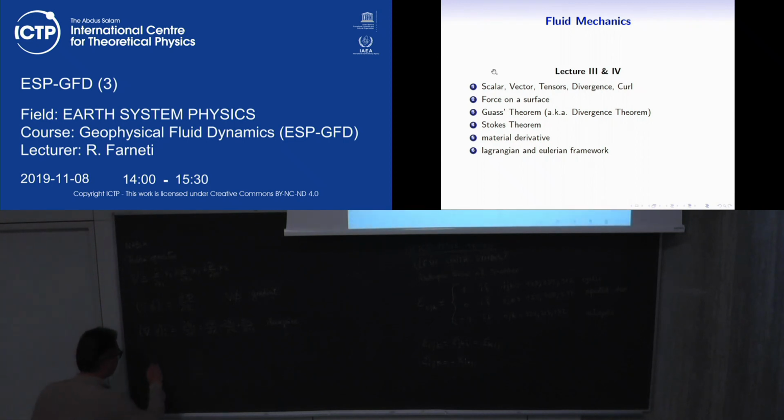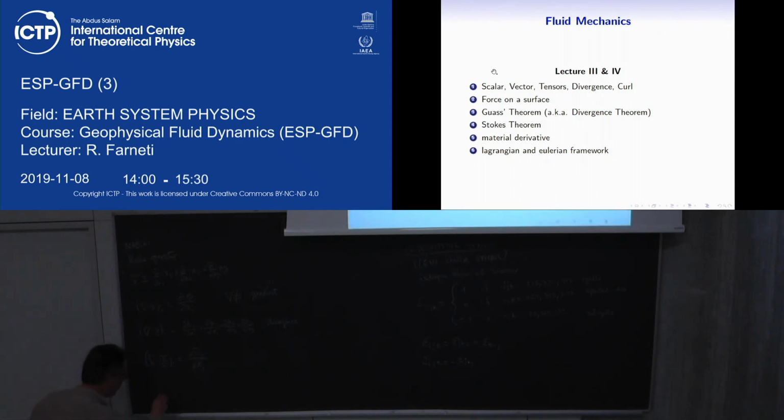In tensor notation, we have a tensor tau ij and the Nabla operator on it for the i component.